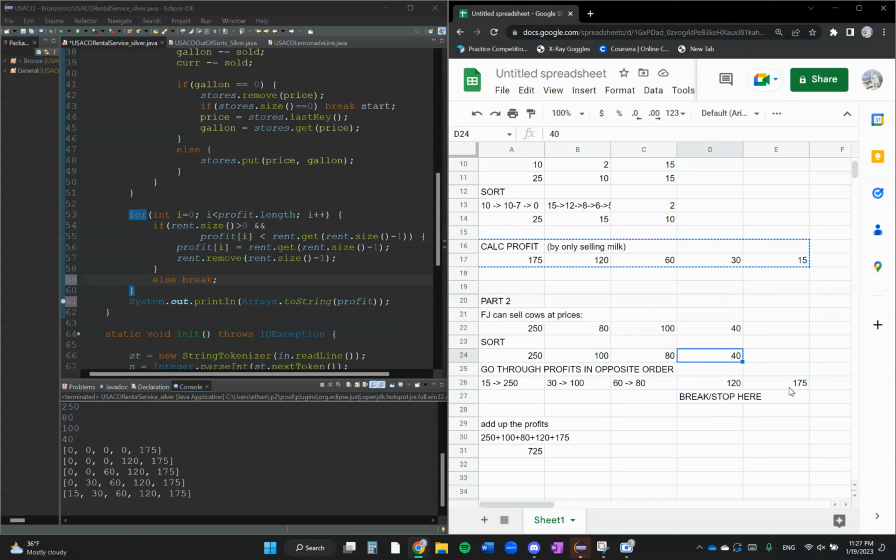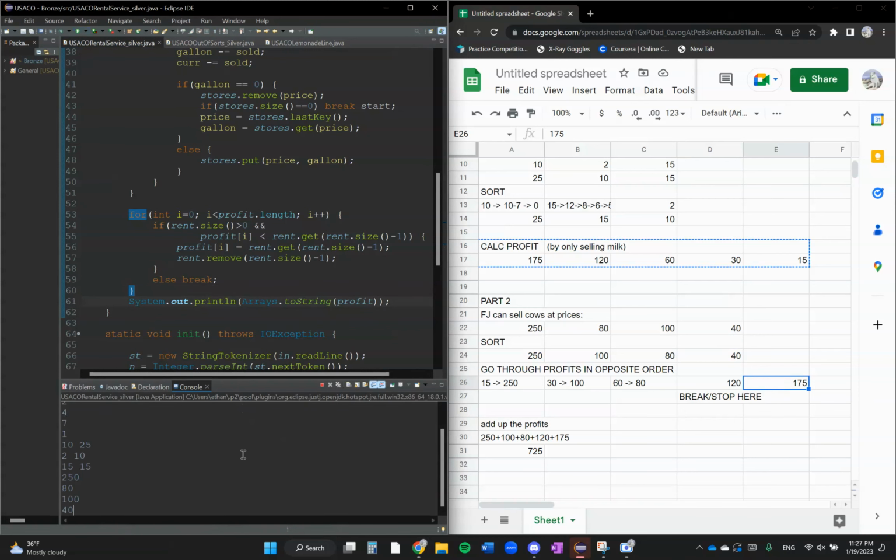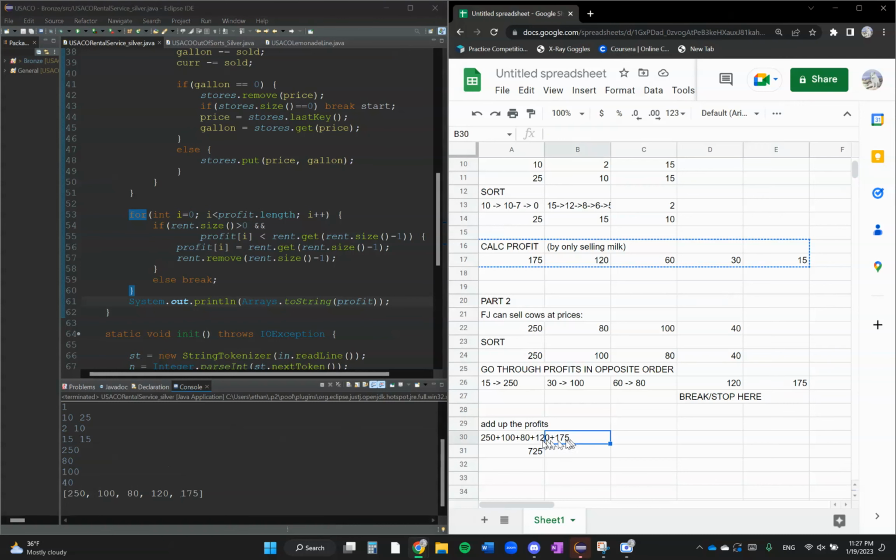Then it's obvious that the number after that, which is going to be greater than this number, is going to make even less profit if it's sold for this amount. So we can basically guarantee that the cows after it aren't going to make any more profit. And let's try printing this out. Oh, nice. So we got 250, 180, 120, 175, just like we wanted here.